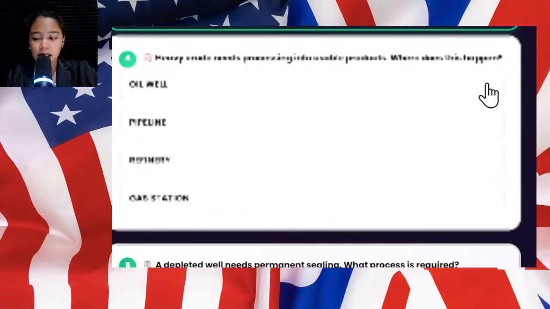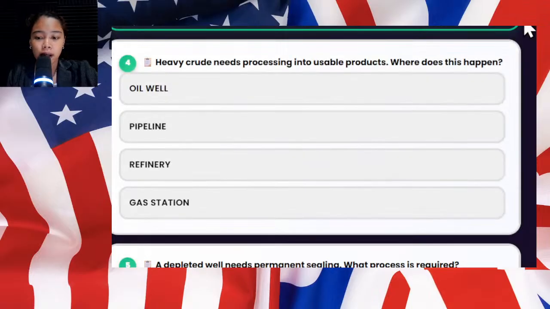Heavy crude needs processing into usable products. Where does this happen? So we are asking for the location here. Where does the processing of crude oil into usable products happen?